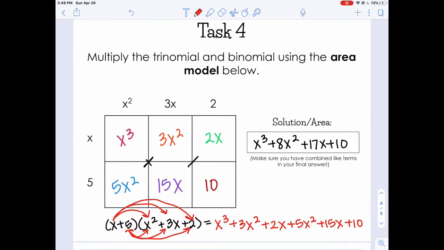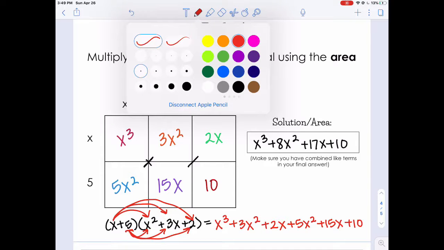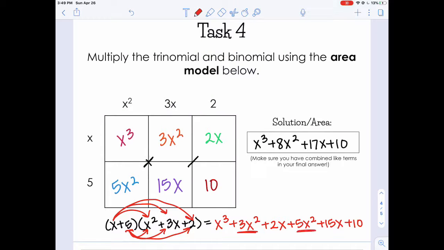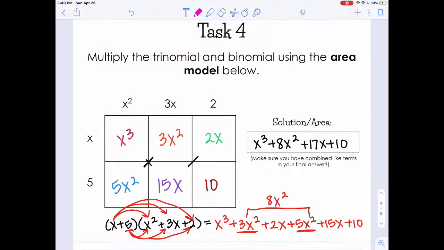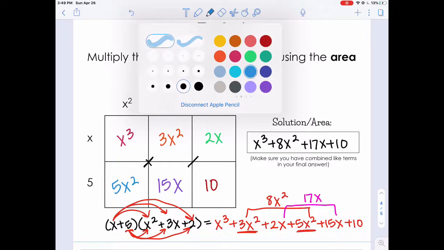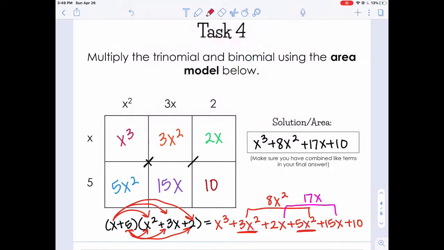Okay, once we get here, all we have left to do is to combine our like terms. So here I have a 3x squared and a 5x squared. Those combine to give us the 8x squared that we had above, as well as our 2x and our 15x, which gives us that 17x that we had. So again, the same answer, no matter which way we did that, either using distribution or using our area model.